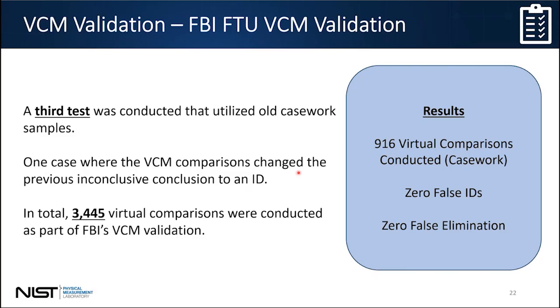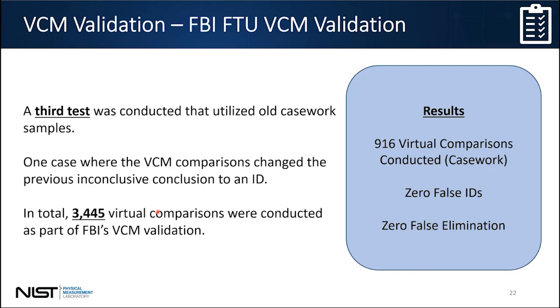And then when they used VCM, it turned into an ID. So obviously they had to deal with that internally to figure out how they were going to handle all of that. But in total, they ran over 3,000 virtual comparisons. So if you really wanted to write it down on paper, they have a 0.01 or 0 to 0.01% false positive error rate, if you want to put it that way.